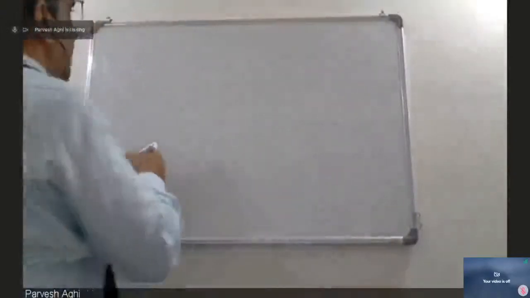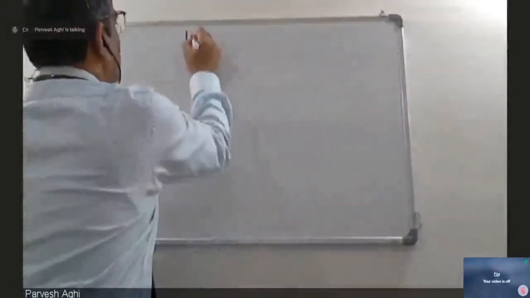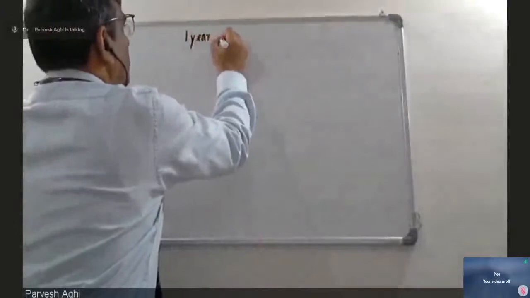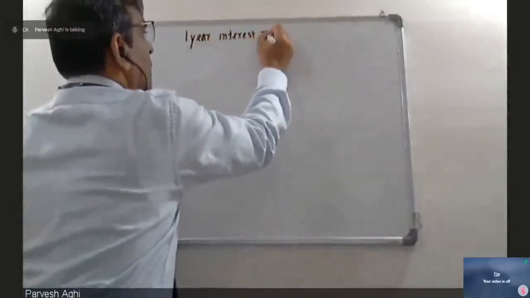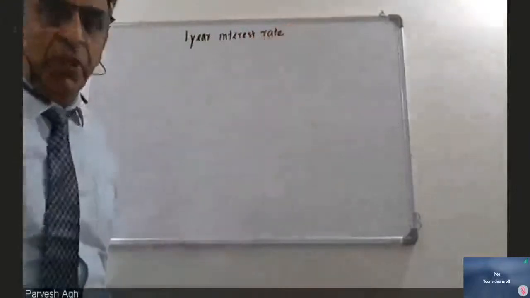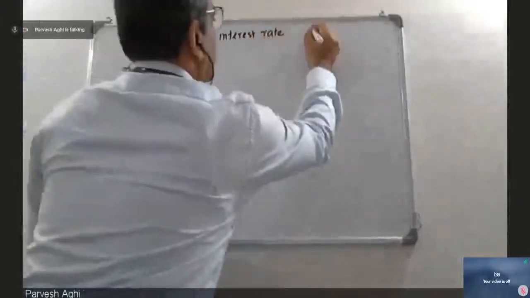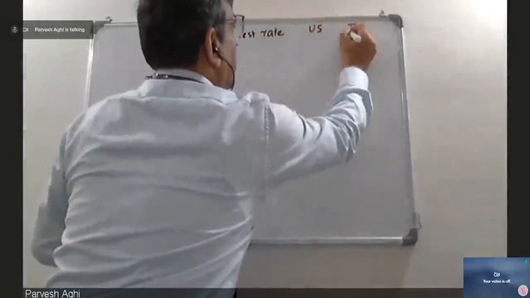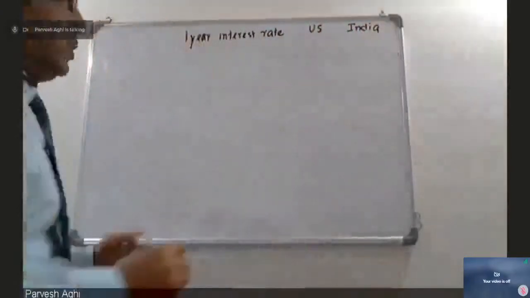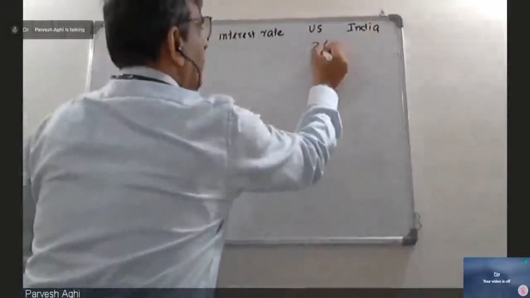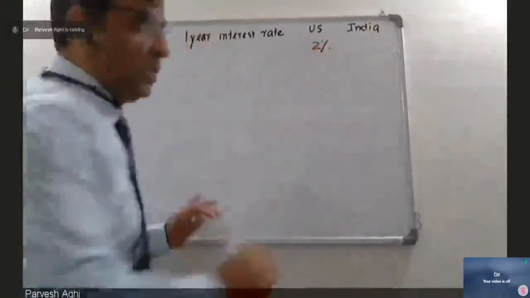Suppose we take the same example that the 1 year interest rate is given to you, say in US and India. In US it is 2% and in India it is 6%.